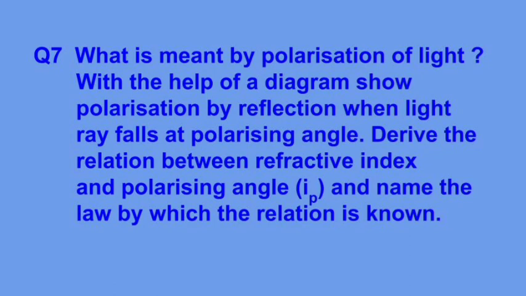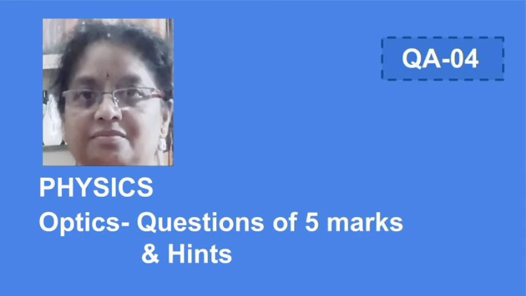I have already explained the phenomenon of polarization in short answer type questions. You go through that and also see the lesson of polarization in which you will find the derivation. I hope you remember the name of the law, so I am leaving that for you.